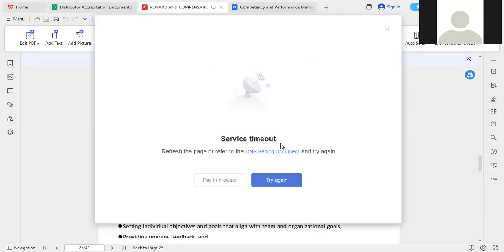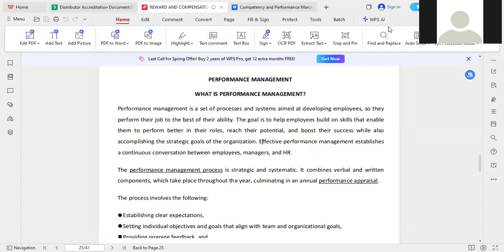We started by describing what performance is, and we talked about the importance of the course. We said performance management is a set of processes and systems aimed at developing employees so that they can do their job and perform best at work.